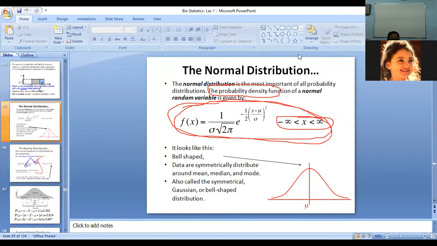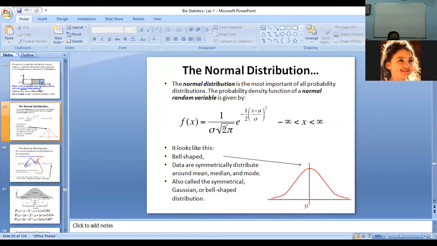That is how the normal distribution looks. Some characteristics of the normal distribution: it is bell shaped, which is very important, and it is symmetric about the mean, median, and mode. All of these lie at the same place. So it is sometimes also called a bell shape distribution or Gaussian distribution.